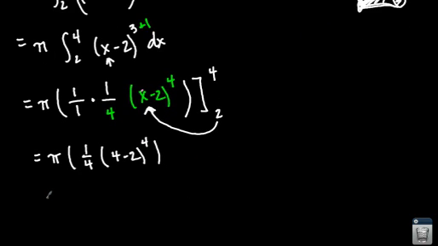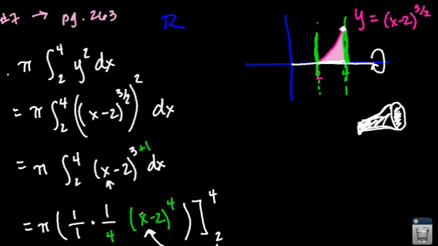So I'm just going to simplify this. I get pi times 1/4 times 2 to the 4th is 16, which gives me a value of 4 pi. So basically the volume of this solid rotated about the x-axis is 4 pi. Alright, so that is how you do number 7.